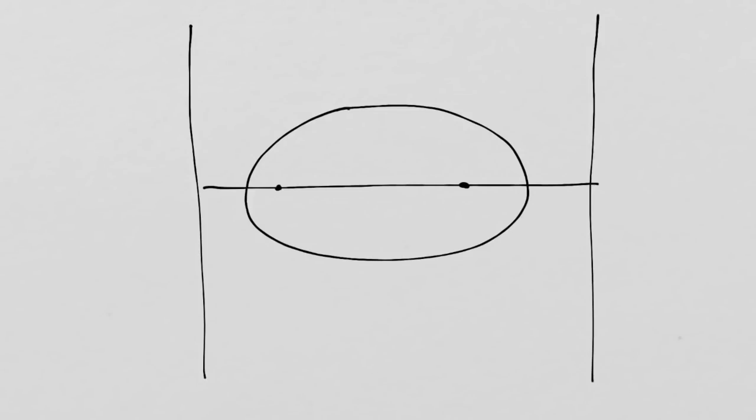Now we can do the same analysis for the conic section of the ellipse. There are two directrixes for the ellipse, and the principle is identical.